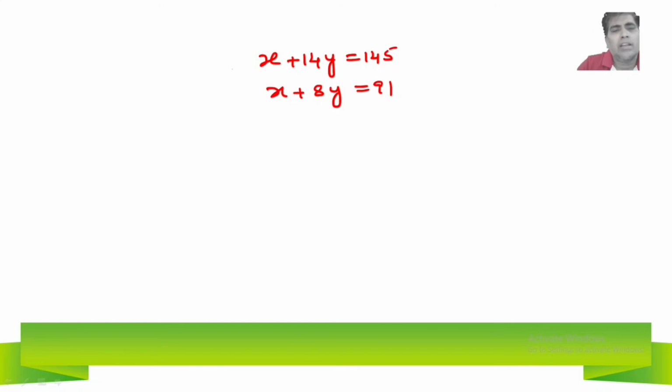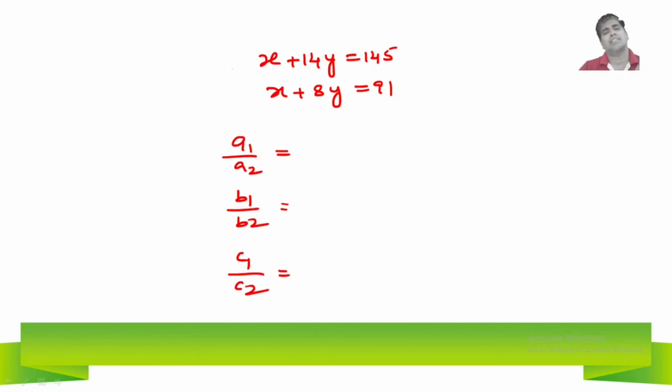Basically, we will find the a1 by a2 value and the b1 by b2 value. We have to find out the c1 by c2 value also, to cross check whether these are intersecting lines or not. Before that, we have to write them in the standard form.